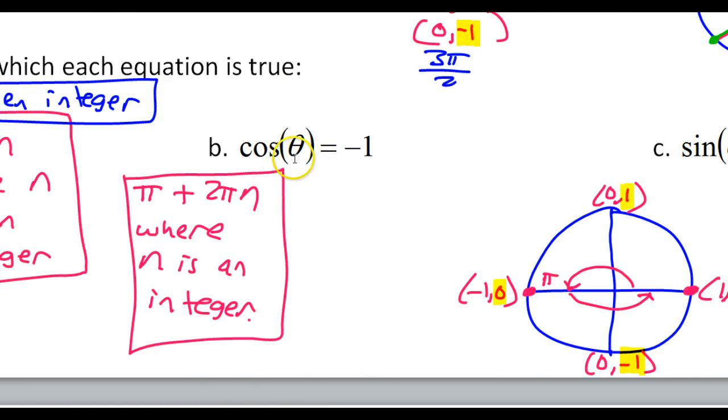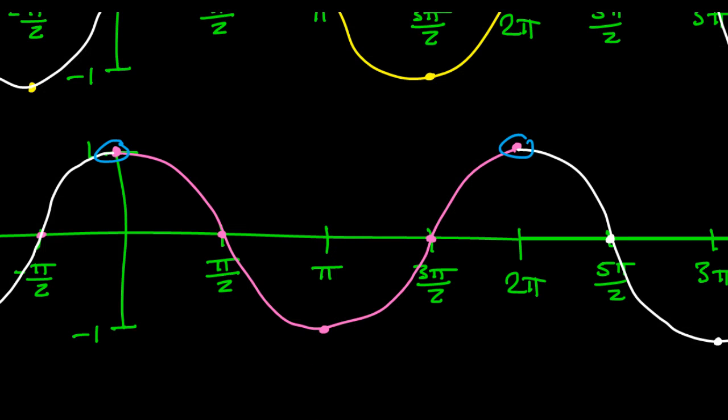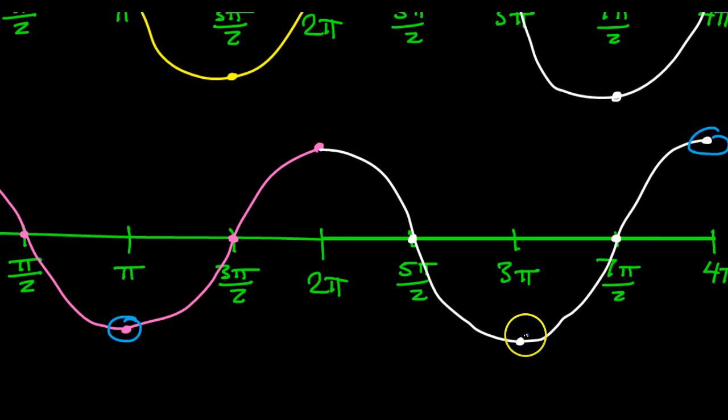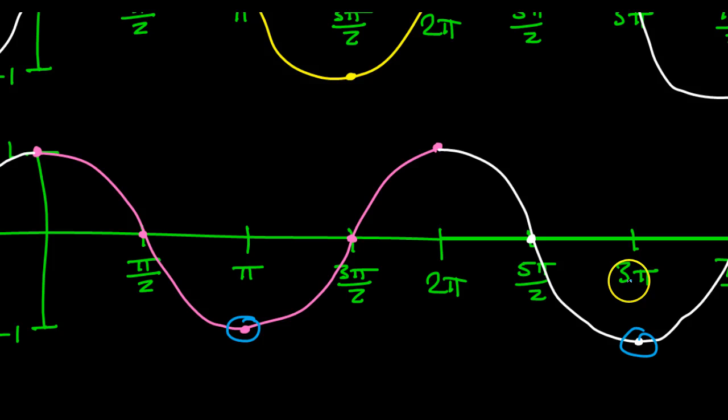And it would have been the same thing with cosine of -1. Where is the cosine equal to -1? Well, the cosine's equal to -1 down here and here. Okay, so that's 1 pi, 3 pi. These are odd multiples of pi.